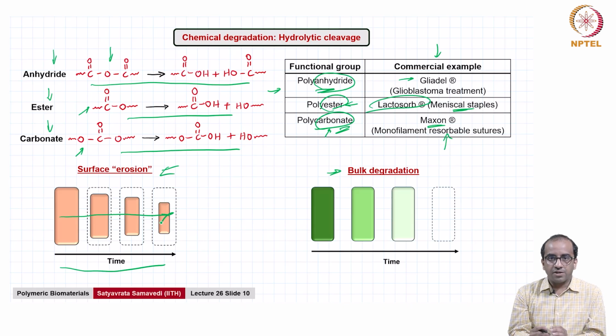And that's because of the mechanism. Whereas in bulk degradation, again, depending on access, how fast water gets in, how long it takes for the bonds to cleave, etc., you will not have this kind of a dramatic change in the overall shape and size.